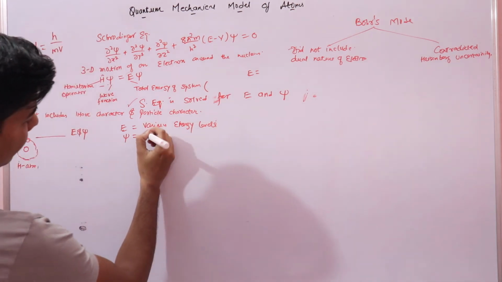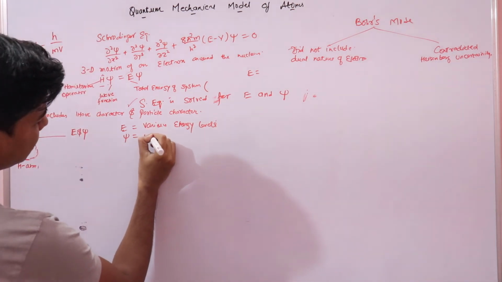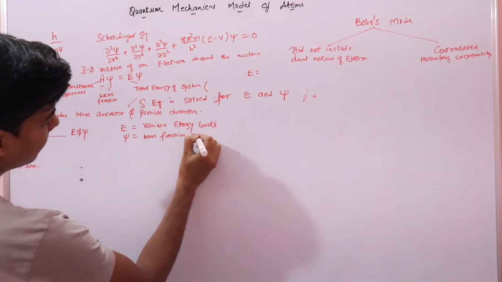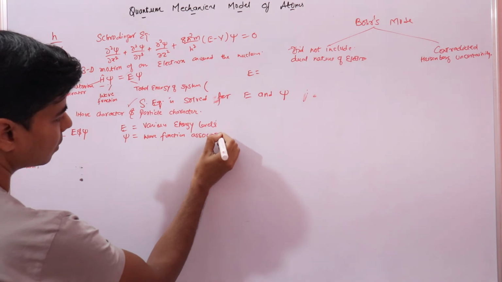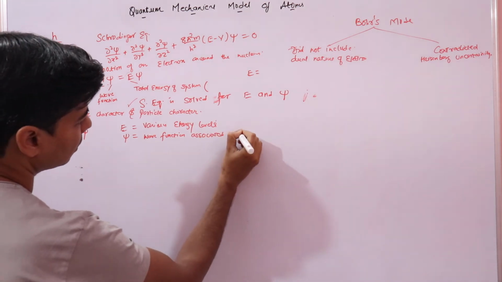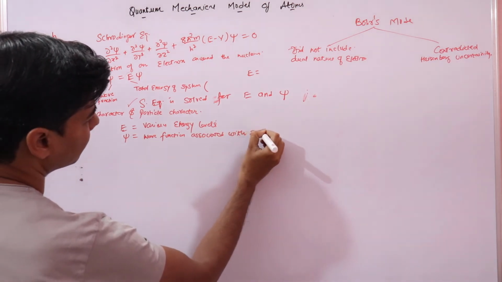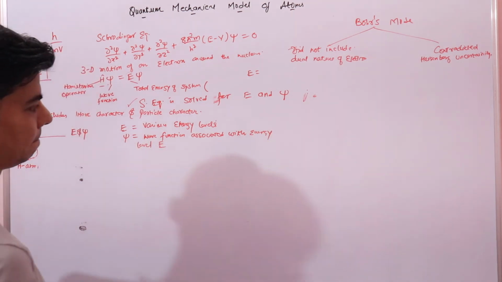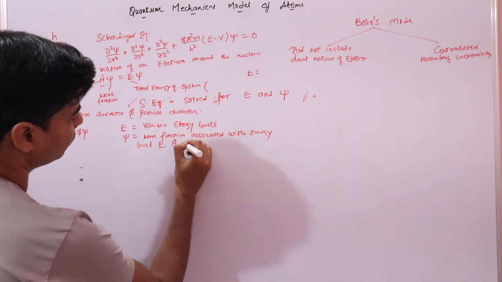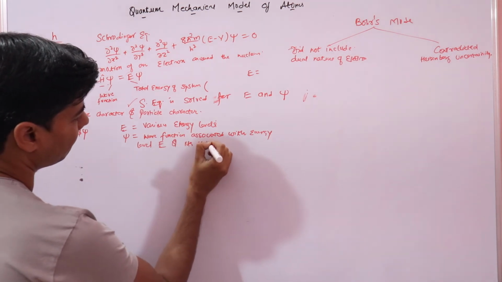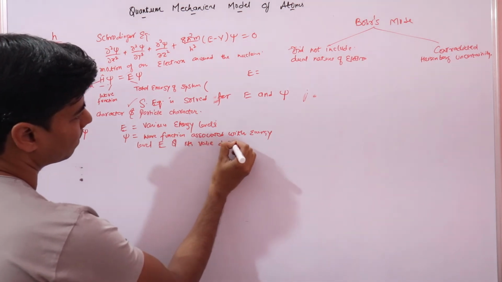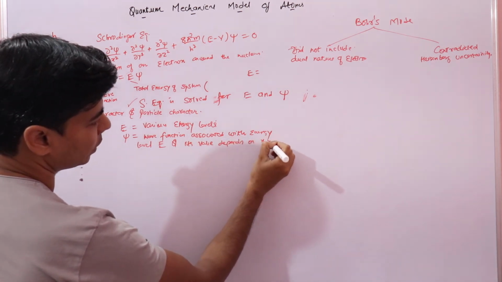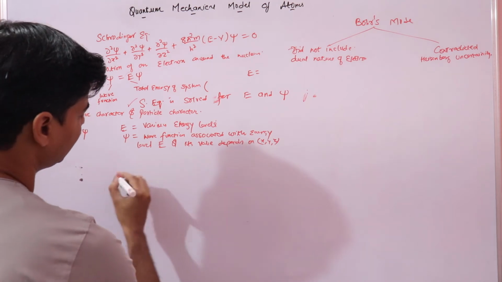This psi is your wave function associated with energy level E, and its value depends on the coordinate axes x, y, z, right?